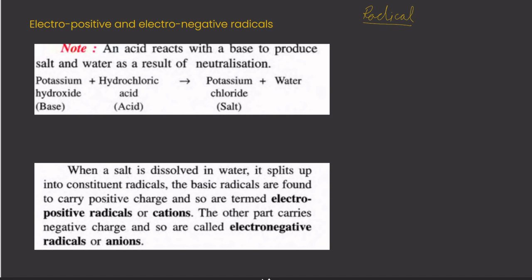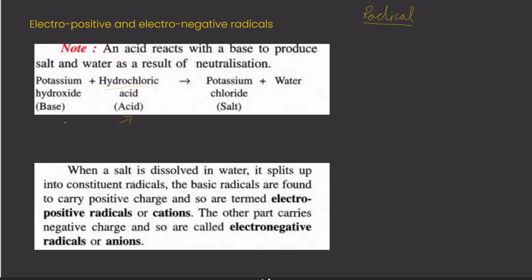Now here we are going to see what an electropositive and an electronegative radical is. So before going to that, here there is a note about what happens when an acid reacts with a base. In the example given here, we know that hydrochloric acid is a strong acid, isn't it?